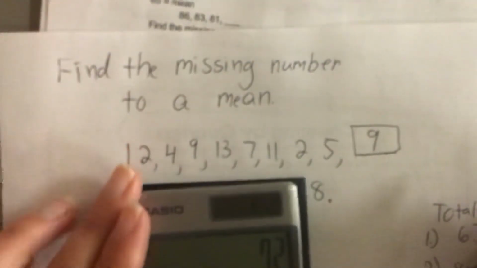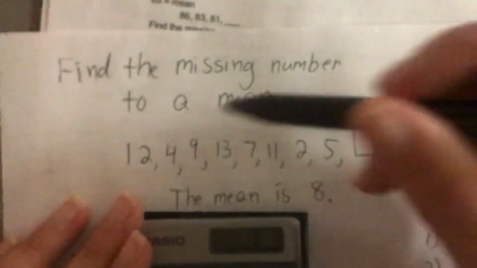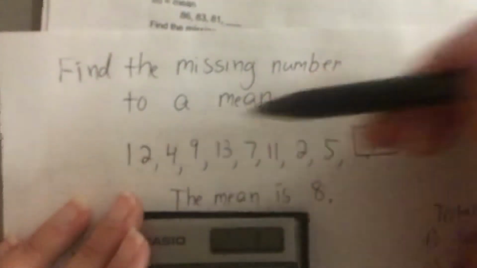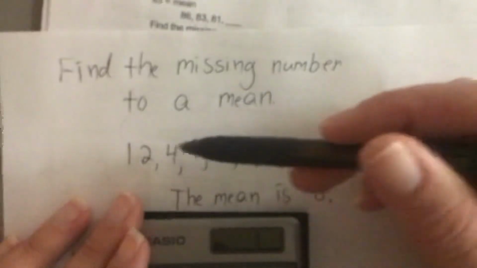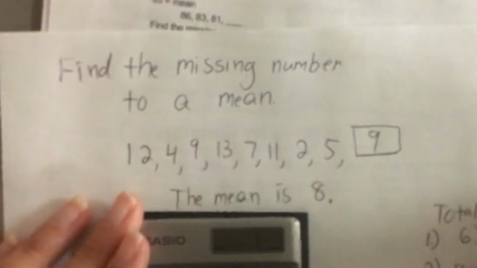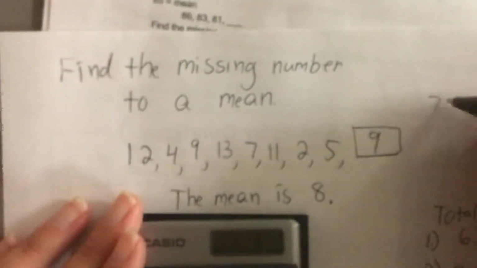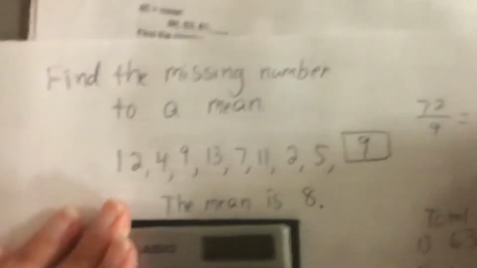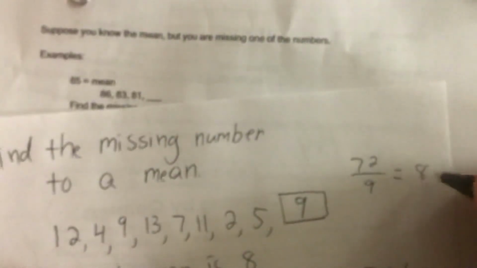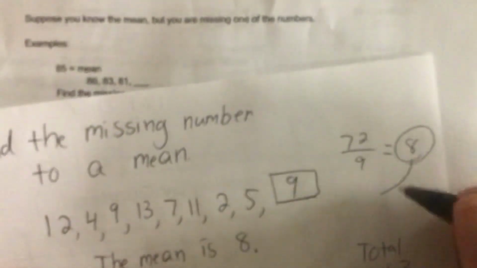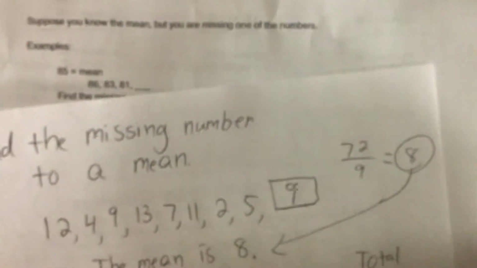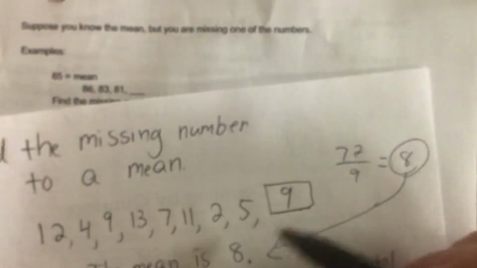And let's divide it by, well, how many numbers did we have? 9. 1, 2, 3, 4, 5, 6, 7, 8, 9. 72 divided by 9, and that is 8. So that's what the mean was. So it matched, okay? Always check your work. After you find the missing number, find the mean and make sure that it works, okay?